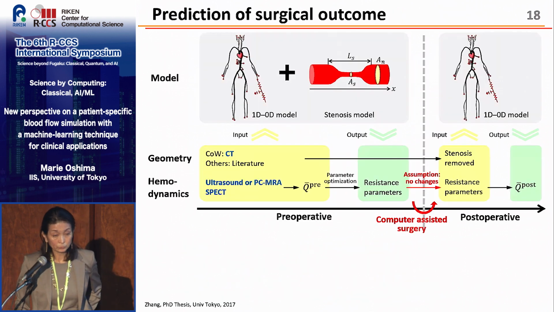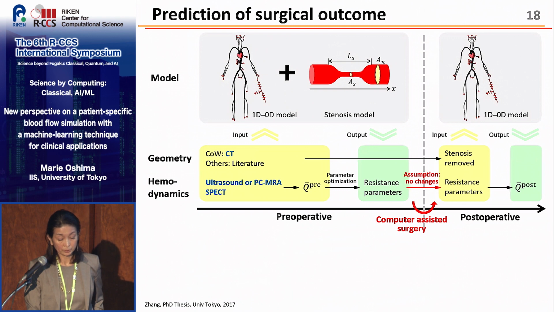So let me move on to the uncertainty quantification. What we did is we are trying to predict the risk of CHS. We conduct the simulation to obtain the situation before the surgery. And then we conduct the computer-assisted surgery on the computer.